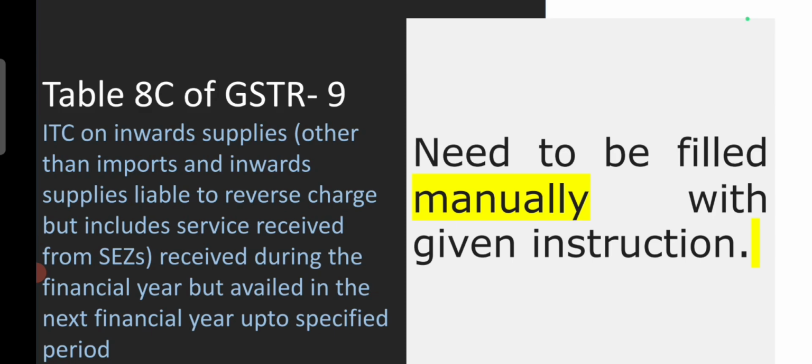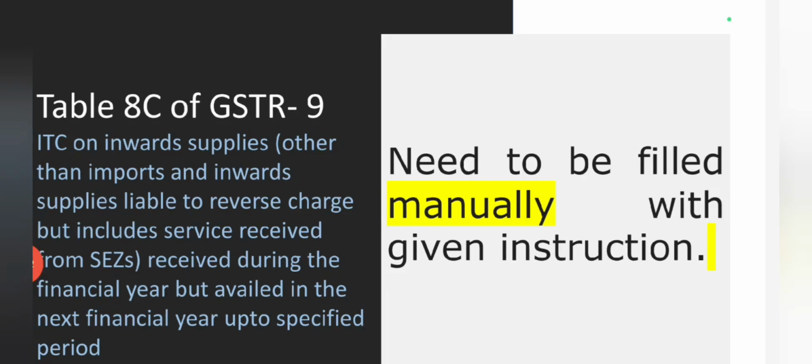So we have to report this value manually in the GSTR 9. Regarding all these scenarios this advisory has been issued, so we will discuss all the issues one by one.